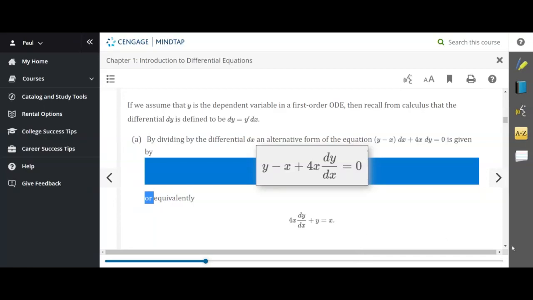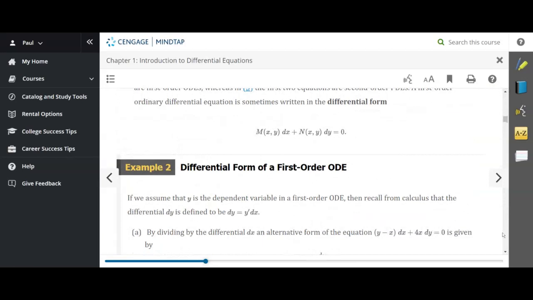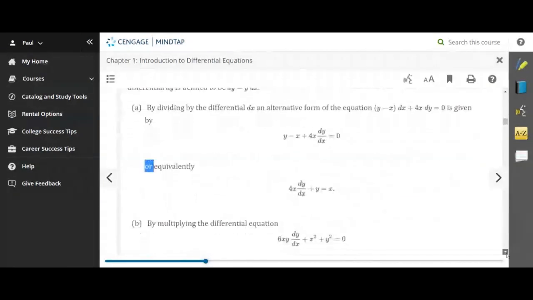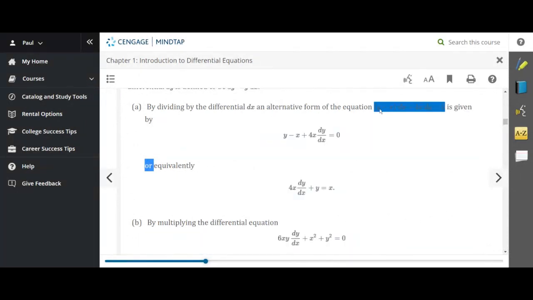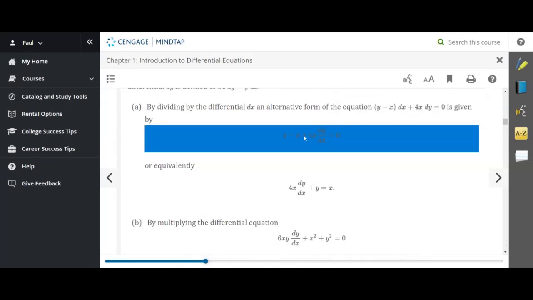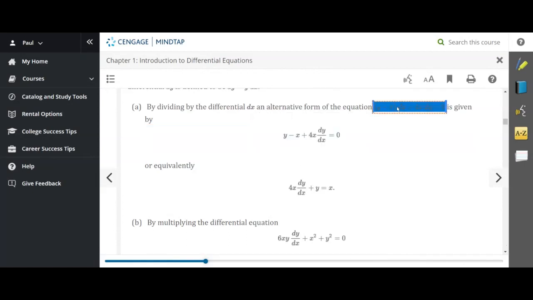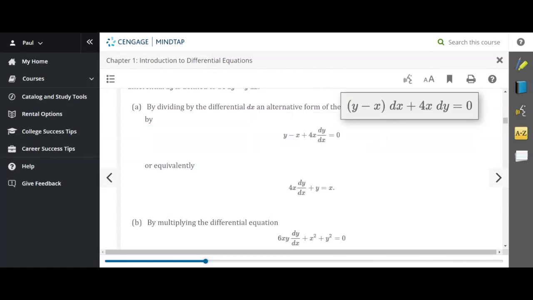Now, what if we want to put this in the form that was mentioned above, in differential form? Well, we can manipulate it. Unfortunately, I can't highlight two things at once. So this is the differential form of the differential equation.